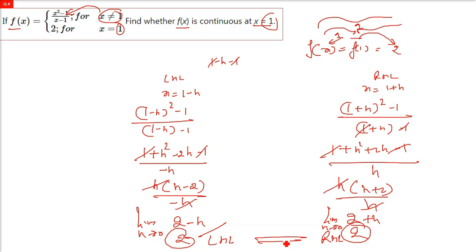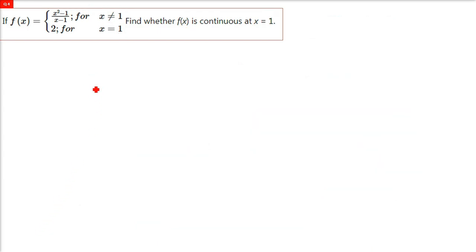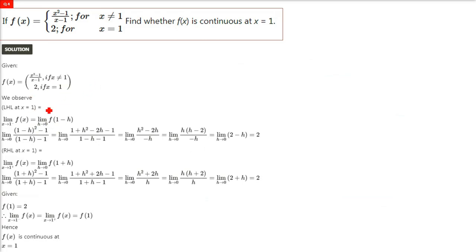They are equal, and this is also equal to the value of the function at x equals 1, which is 2. Okay, so this function is continuous at x equals 1. So let me show you the formal way you are going to give the solution. This is how you are going to write.